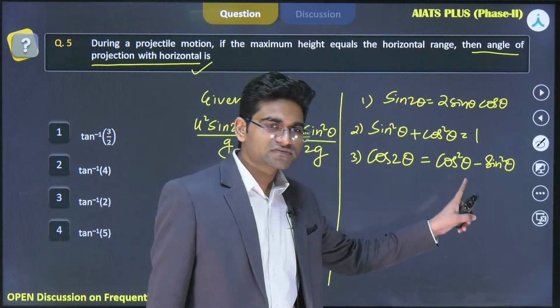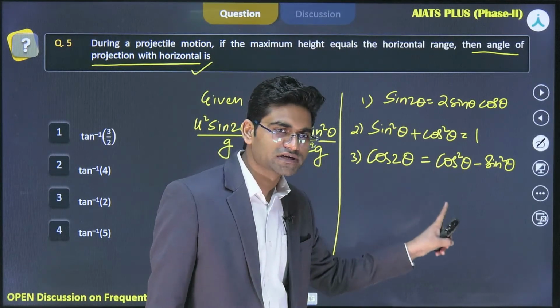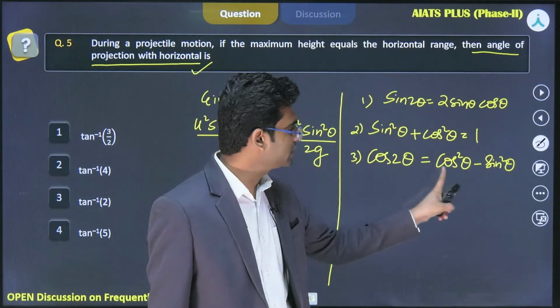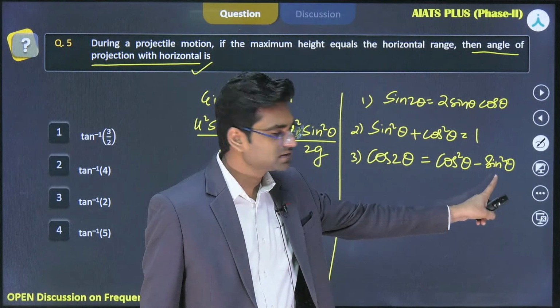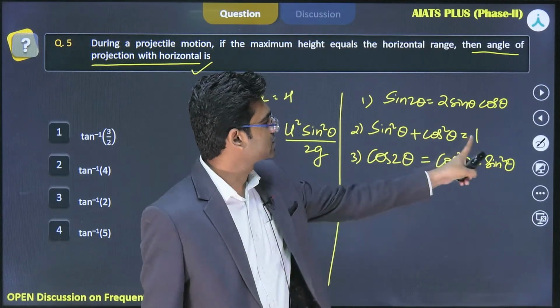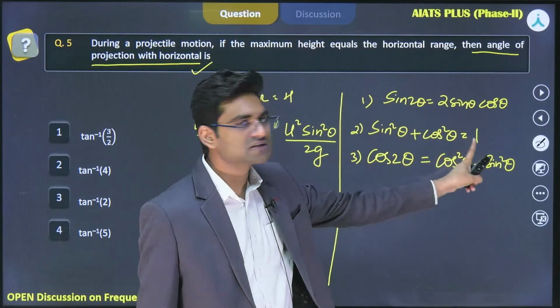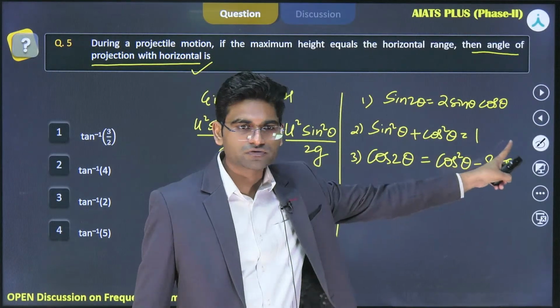I can also write this formula in terms of cos square theta only or in terms of sine square theta only. How can I write this formula in terms of cos square theta only? I can eliminate this sin square theta with the help of which equation? This equation, sin square theta plus cos square theta is equal to 1. Sin square theta can be written as 1 minus cos square theta.